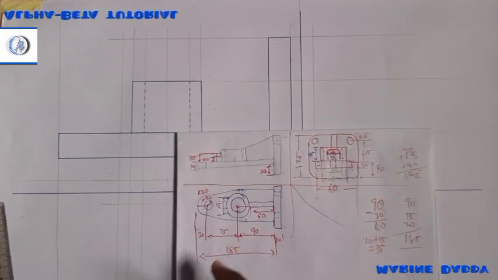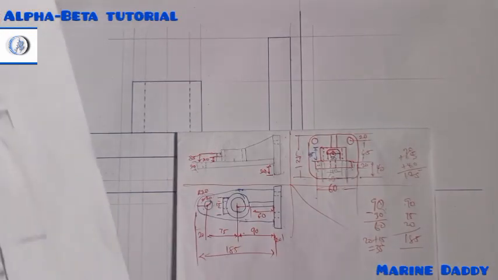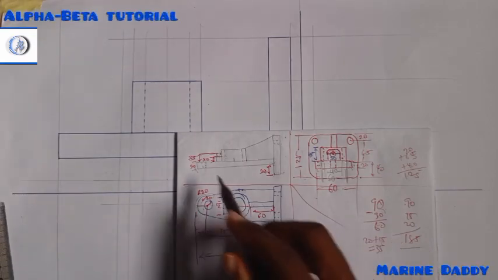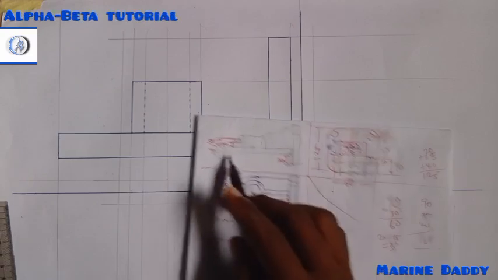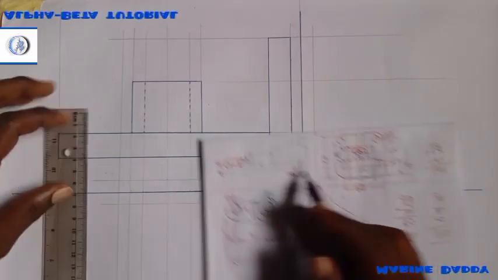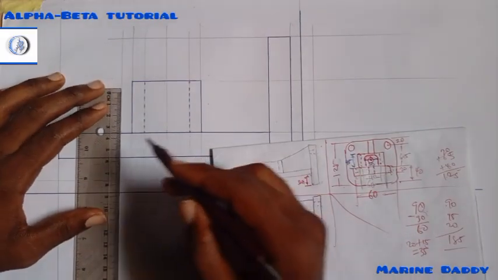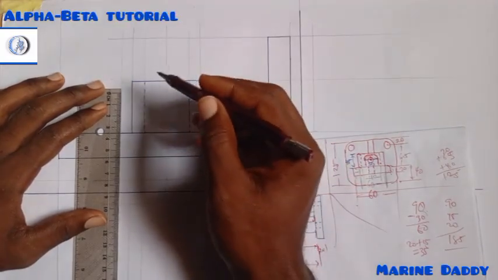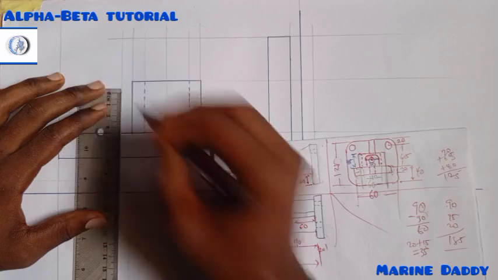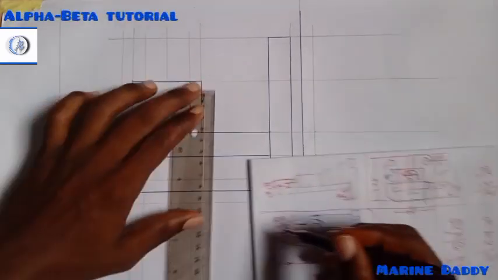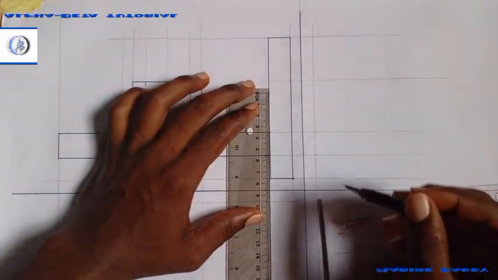Then the height, they say the height is how many? 35. So we got 35 as the height. So I'll measure 35 here. Can come to this side, measure 35.